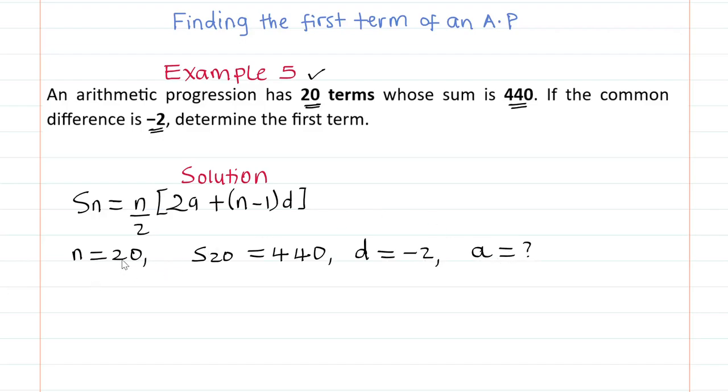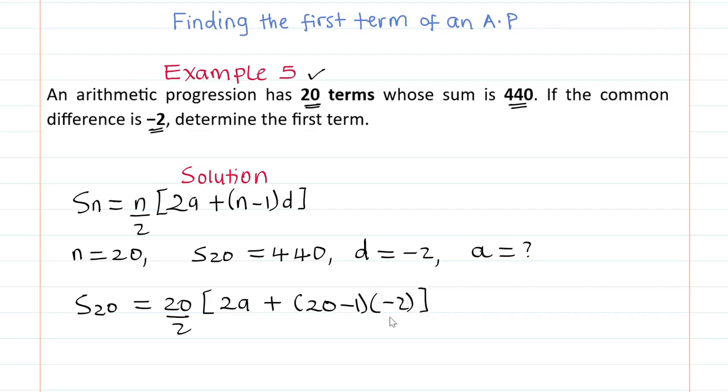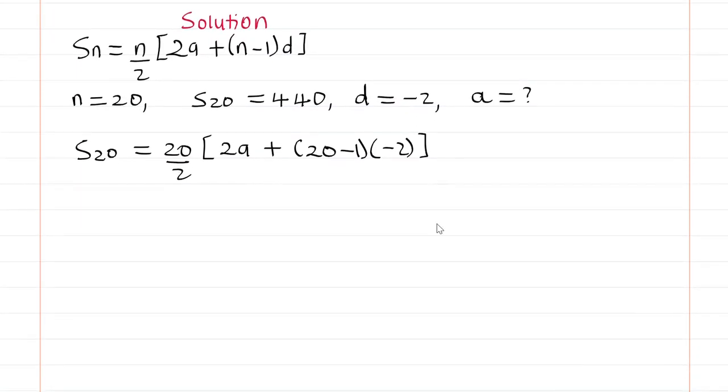So we simply substitute for what we have. We shall have the sum S20 equals n, which is the number of terms, 20 over 2 into 2a plus (20 minus 1) times the common difference -2. Then you close. And then we operate.